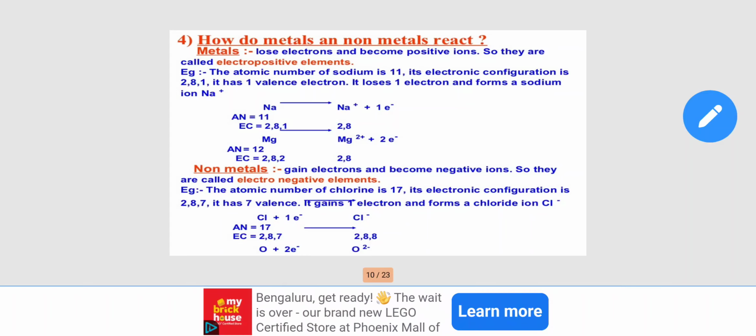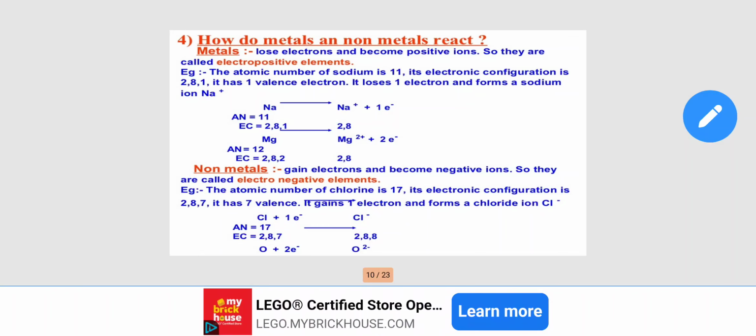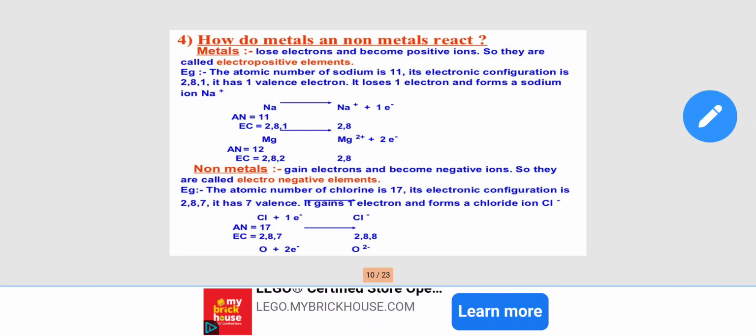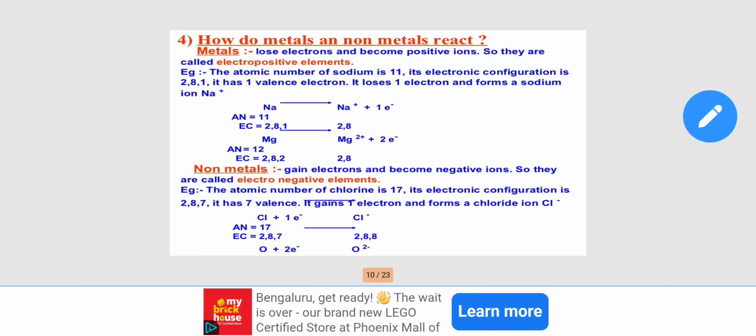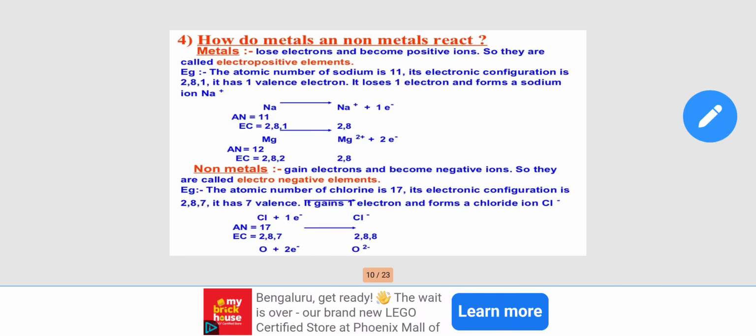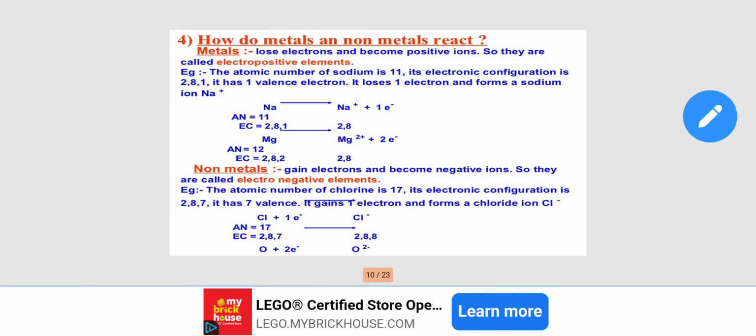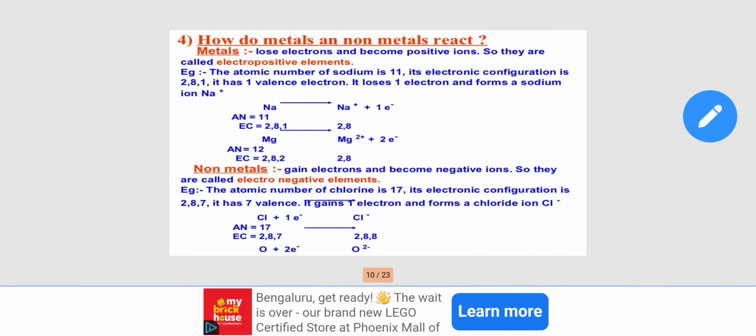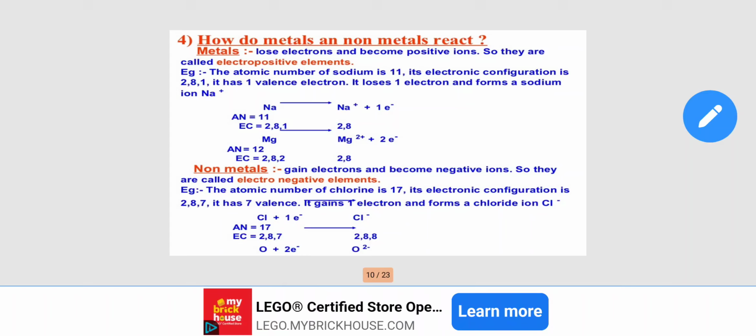Suppose sodium has atomic number 11, its electronic configuration is 2, 8, 1. It has one valence electron, and it loses one electron to form a sodium ion, Na plus. Magnesium, atomic number 12, loses 2 electrons, so it forms the magnesium ion Mg2 plus.